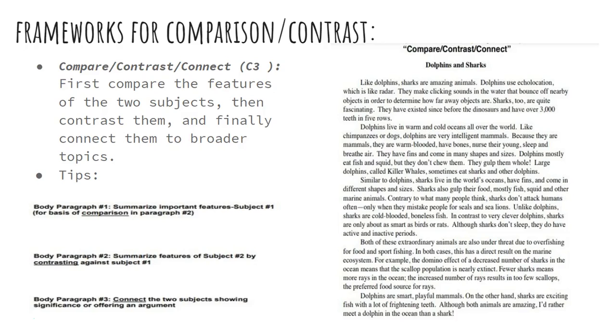And you're doing this for the basis of comparison in the second paragraph. So then you go to the second body paragraph and you're going to summarize the features of John F. Kennedy by contrasting it against Anna Quindlen.